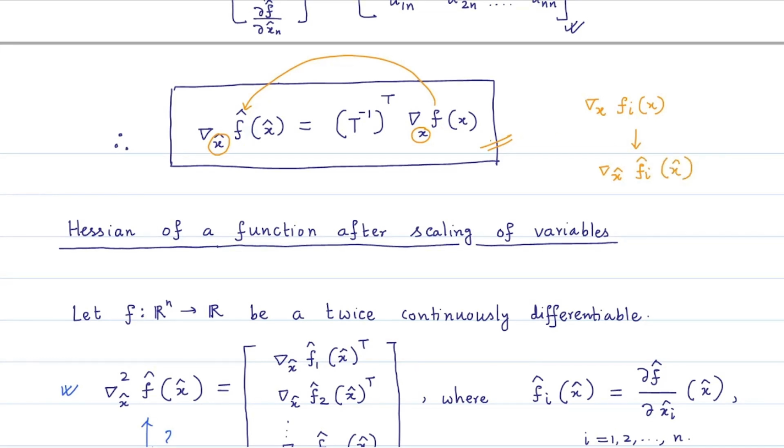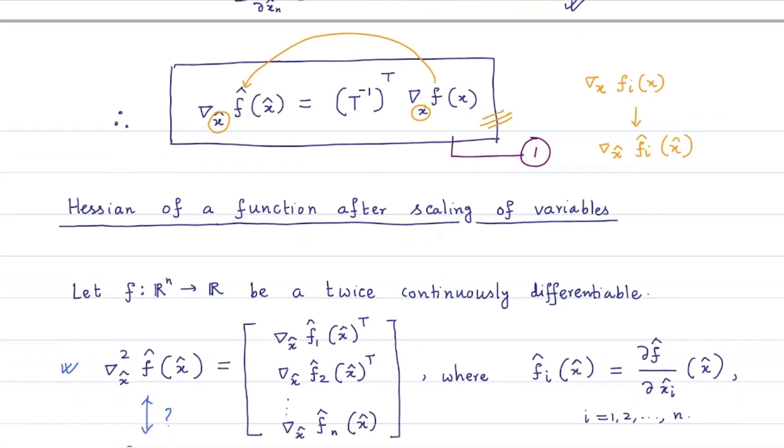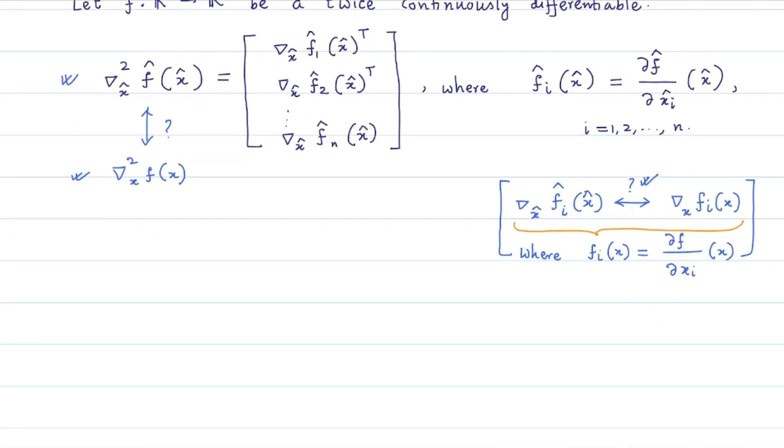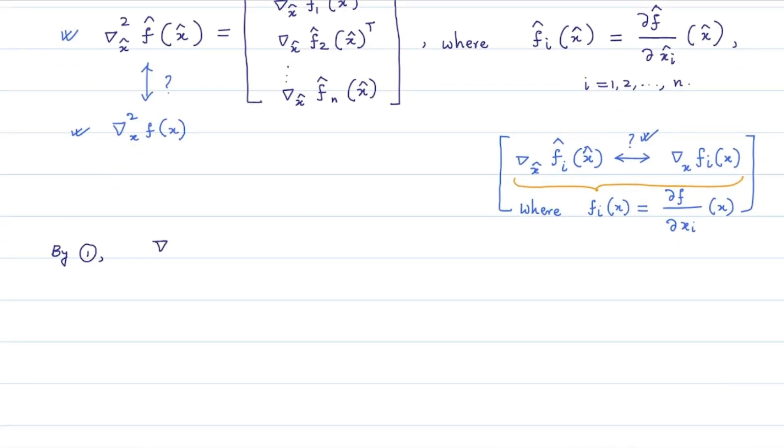We just simply employ this relationship, and by this equation number 1 we shall get that the gradient with respect to x hat of the function f i hat is equal to the inverse of the transformation matrix, its transpose, times the gradient with respect to x of the function f i at x.